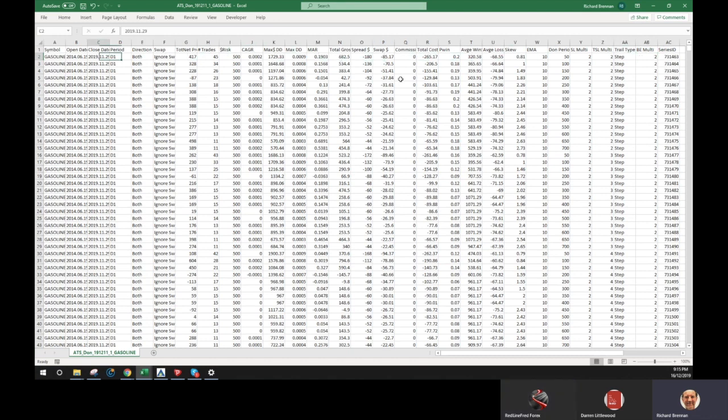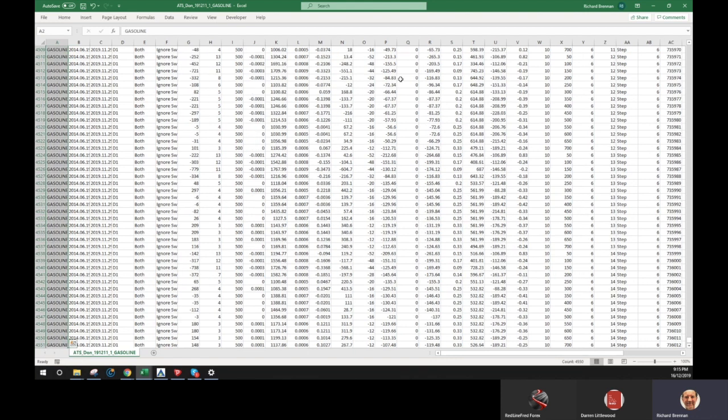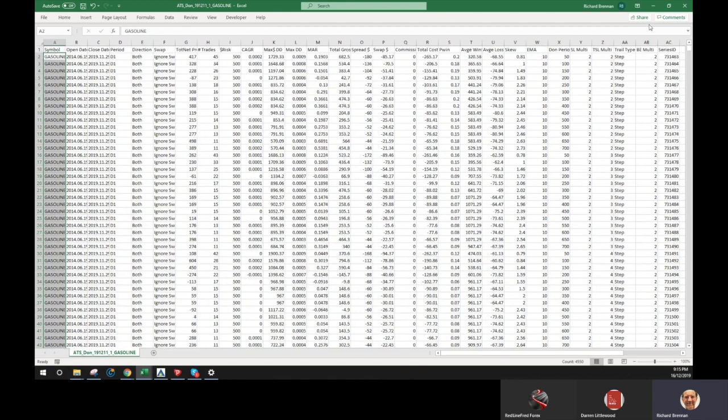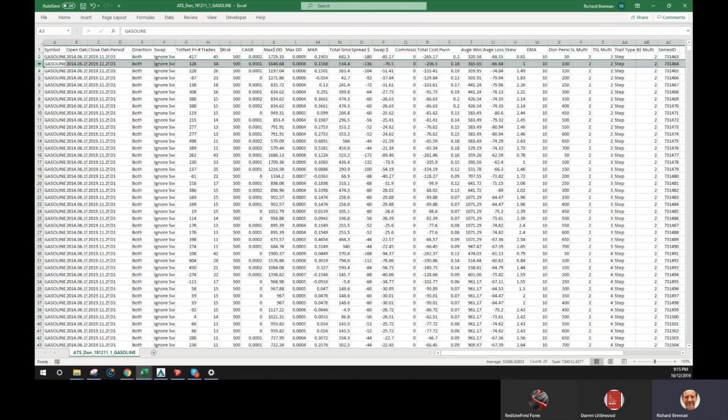That is one permutation. This entire series, however, has got 4,550 different permutations. Each one of these rows is a different possible permutation of those 4 parameters and their different variables. This one here is a 100 period Donchian, a 2 ATR initial stop, a 2 trailing stop, and a 2 break even.